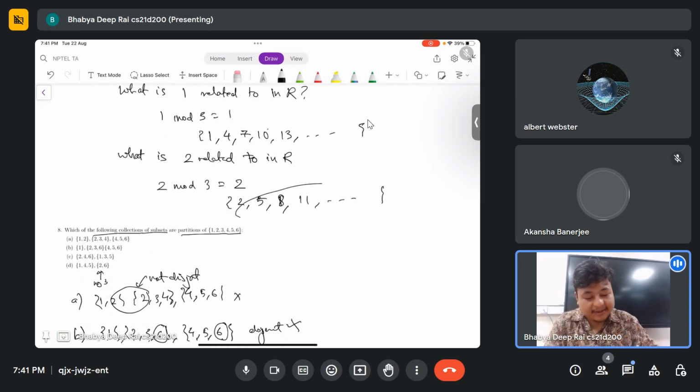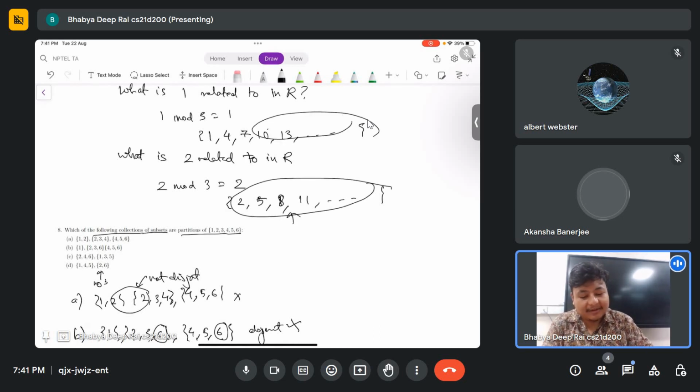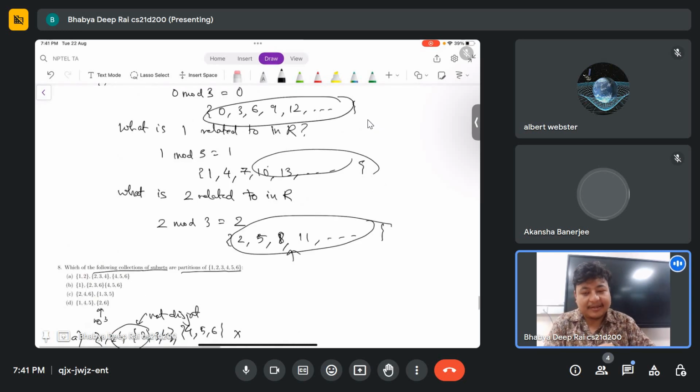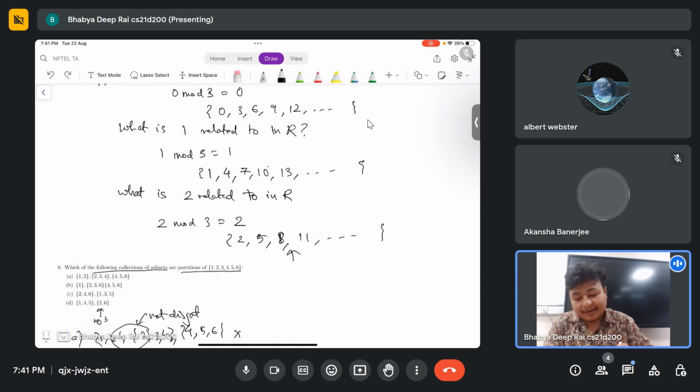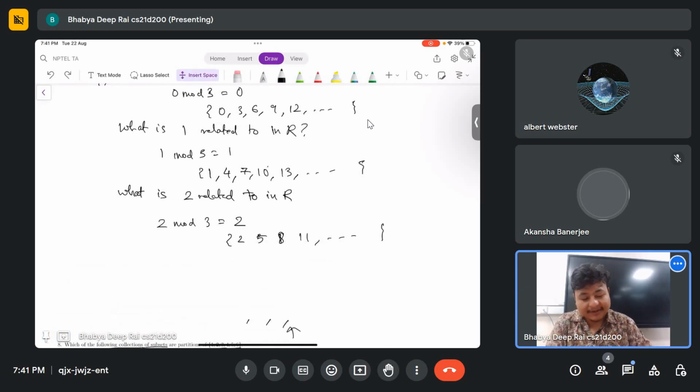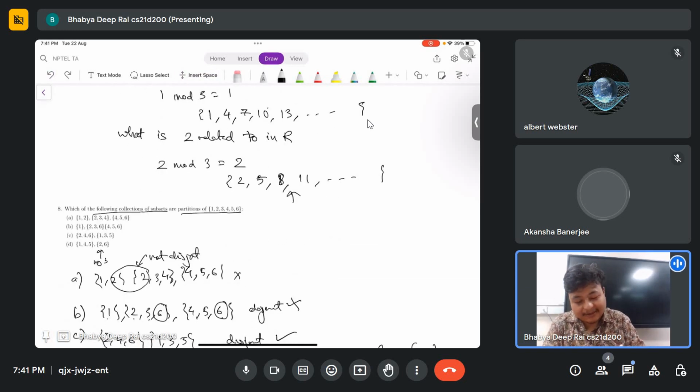Now all the elements, and if you observe, like I said before, any element in this set is only related to elements in this set, not to elements from this set, neither to elements from this set. So what we realize is, this equivalence relation actually forms a partition.